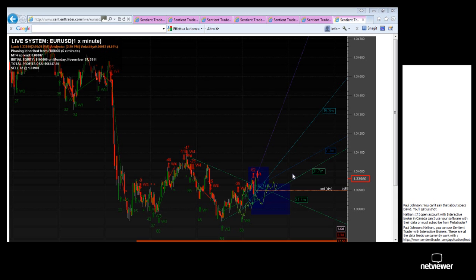I've got to tell you, Interactive Broker are not very supportive in terms of allowing third-party applications to receive data from them.